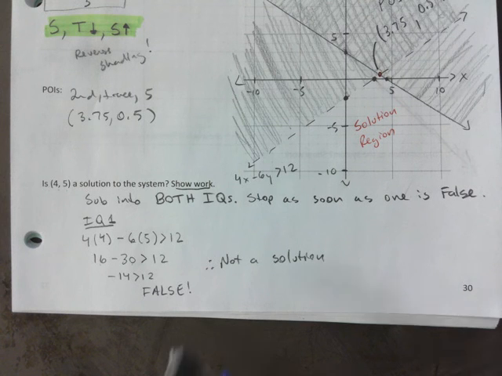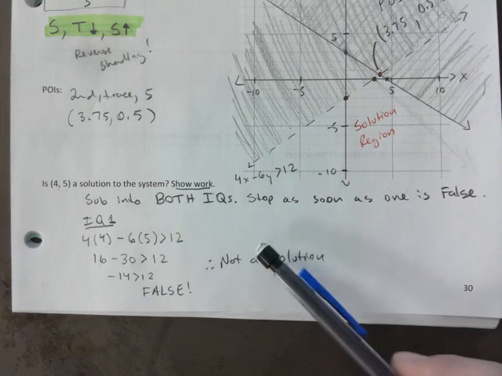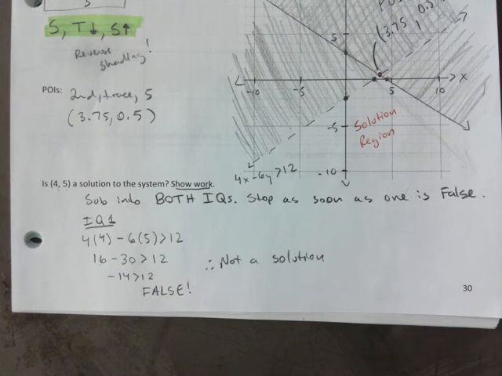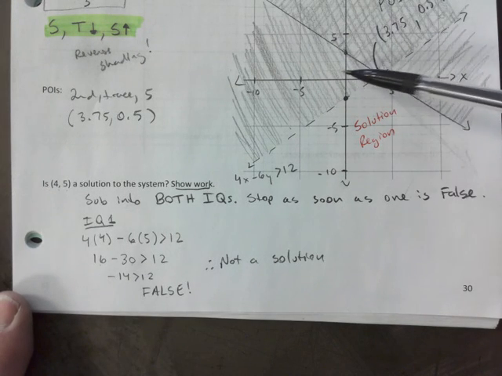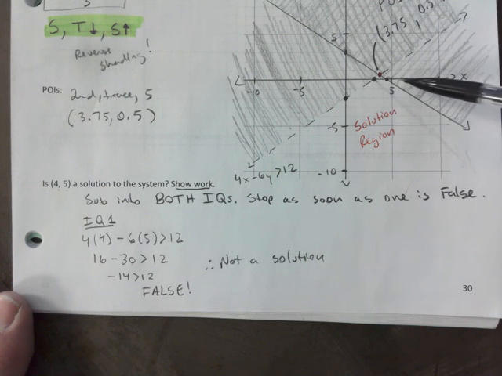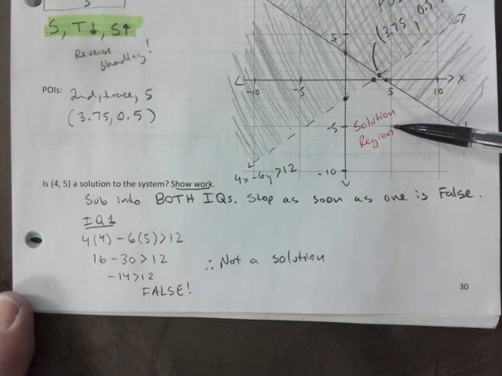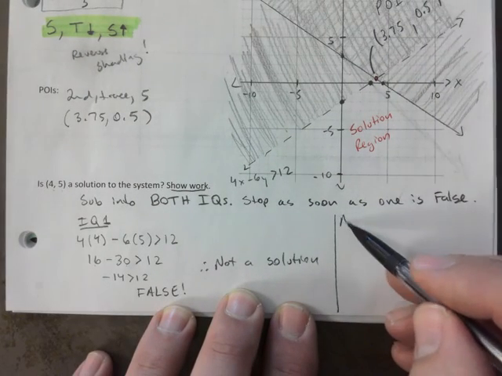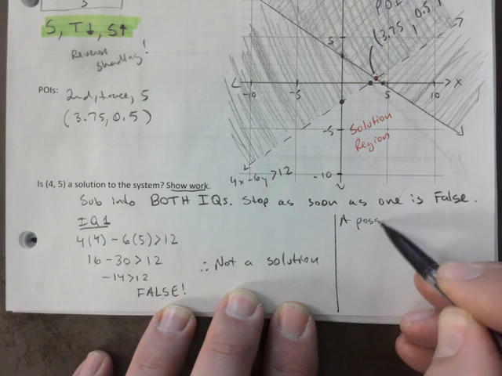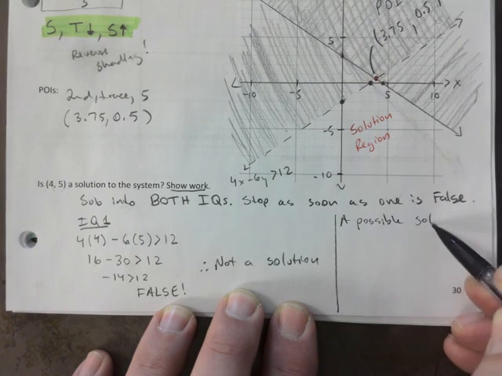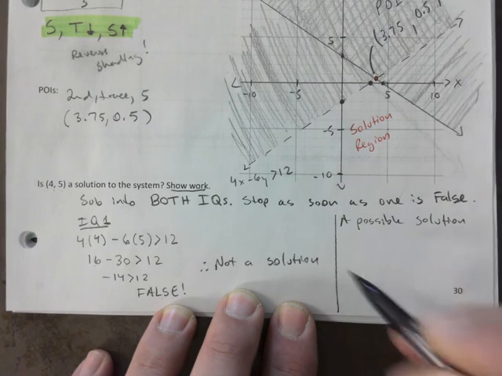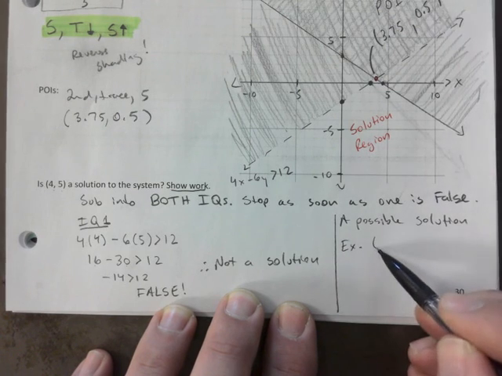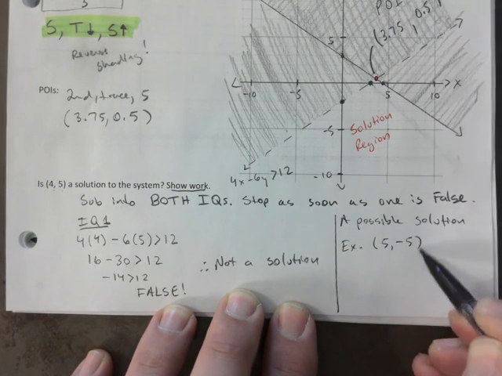But if it's true, then you would have continued until you know if it's actually true for all of them. So a possible solution would have been, let's say, (5, -5). That would definitely be a possible solution. Let's put that down. A possible solution, example: (5, -5).